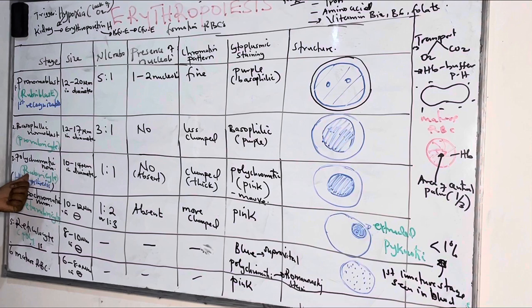Then hemoglobin synthesis begins at the polychromatic stage. And even cell division stops at the polychromatic stage. Beyond the polychromatic stage, there is no more cell division. There is only maturation. So proliferation stops here.